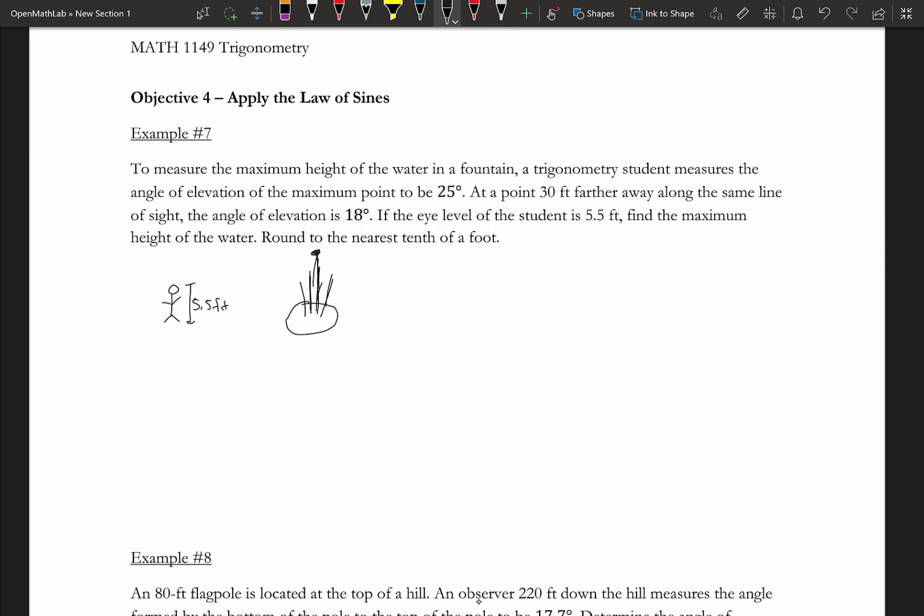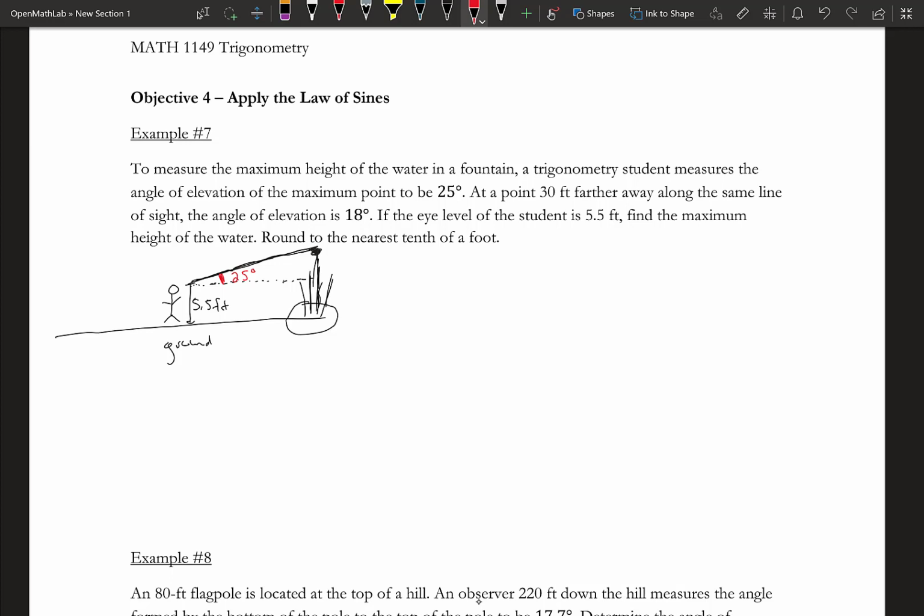The angle of elevation is them looking up at the tallest point where the water's going. If I draw a dashed line here that's horizontal with the ground, then this angle is the angle of elevation, which would be 25 degrees.